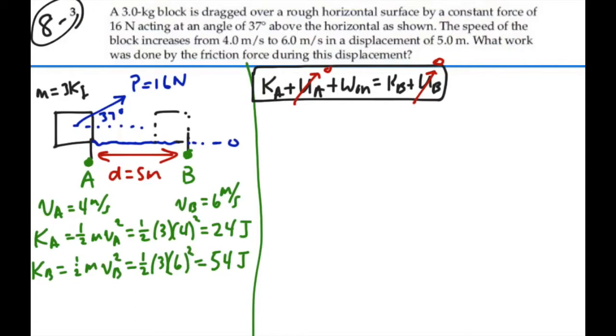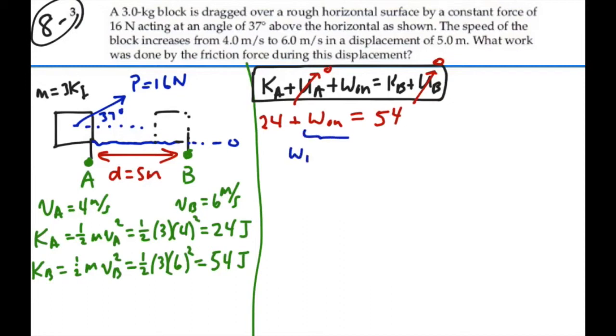Alright? We just calculate the kinetic energy at A. That's 24 joules. Any work done along the way should equal kinetic energy at B, which is 54 joules. So that's the way our equation looks right now. Work along the way, there's two works being done in this case.